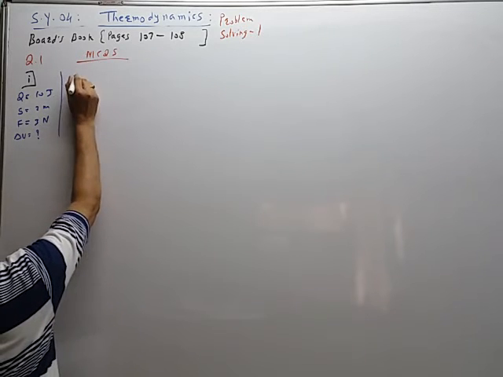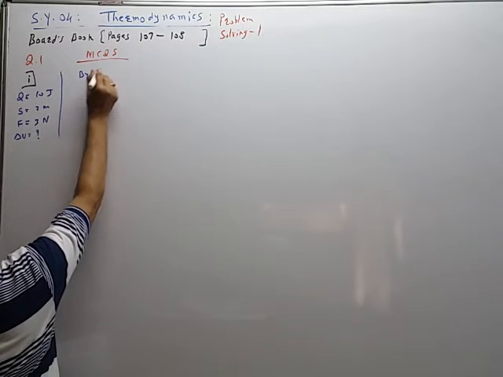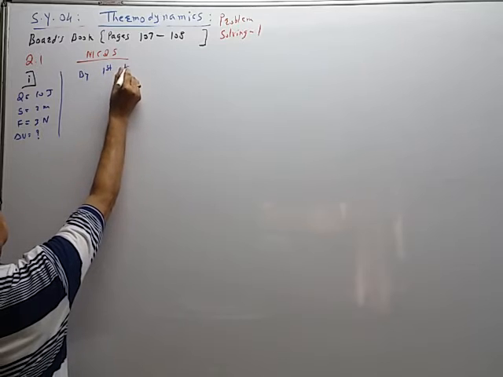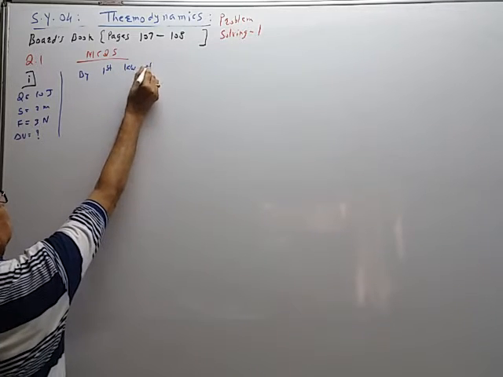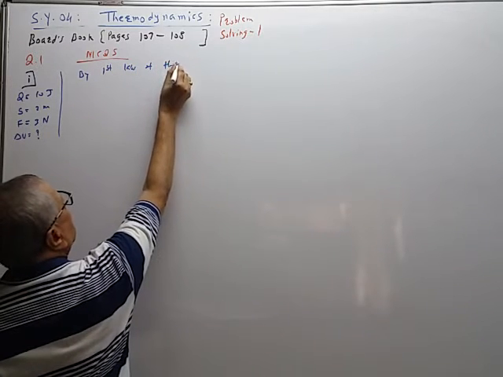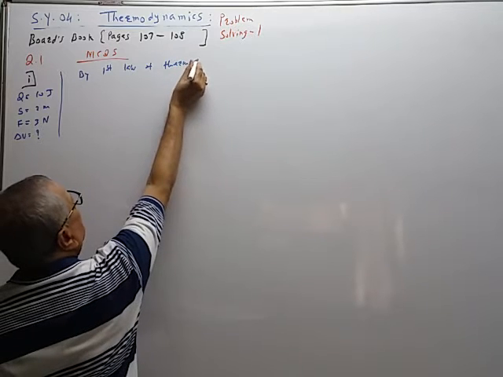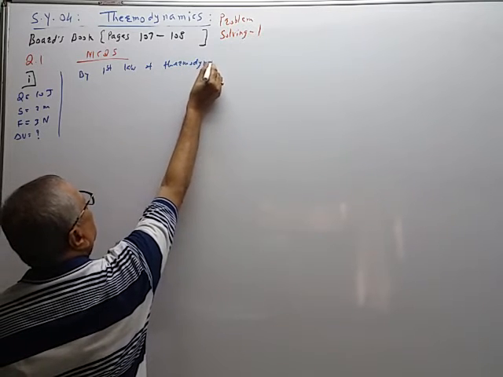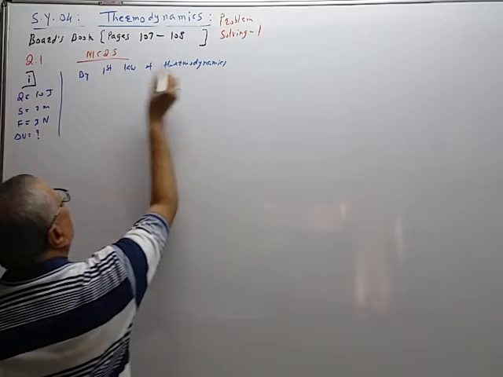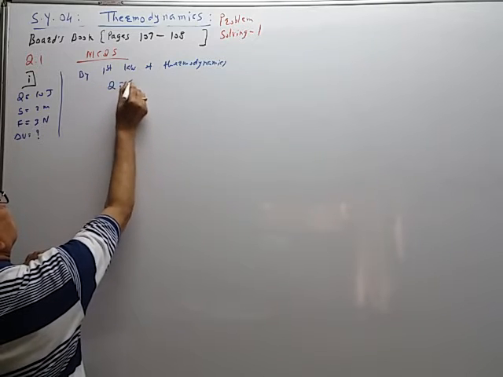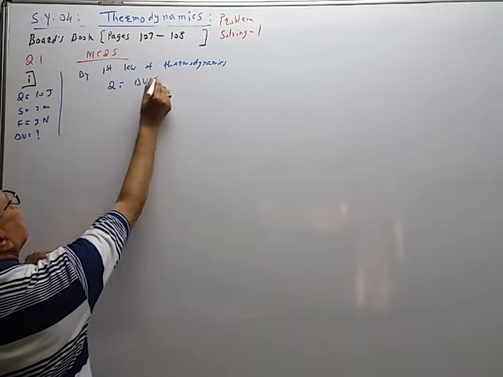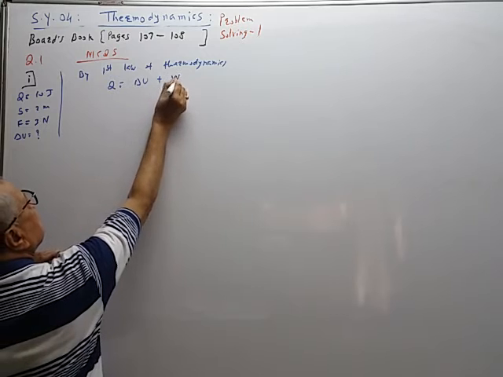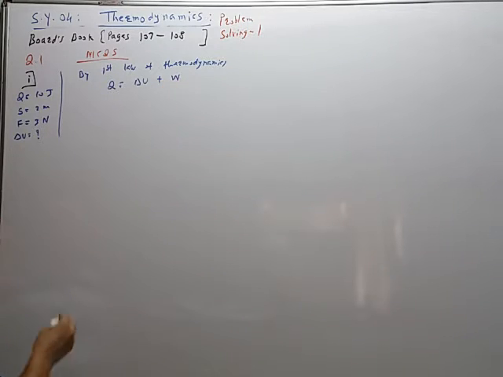So by first law of thermodynamics, Q is equal to part of energy is used to increase the internal energy and remaining energy is used to perform the work done.